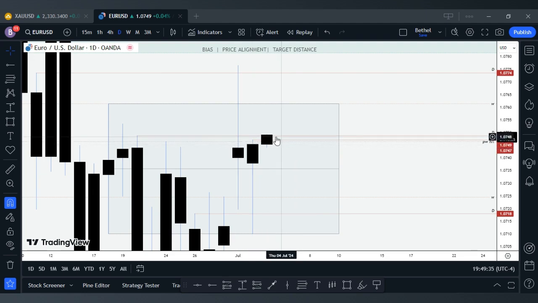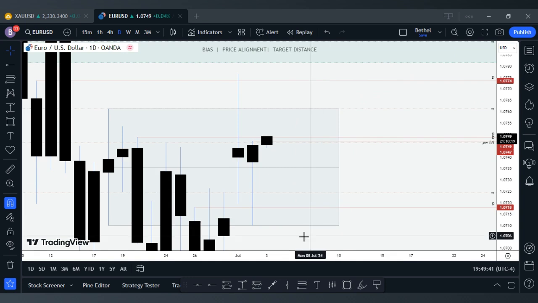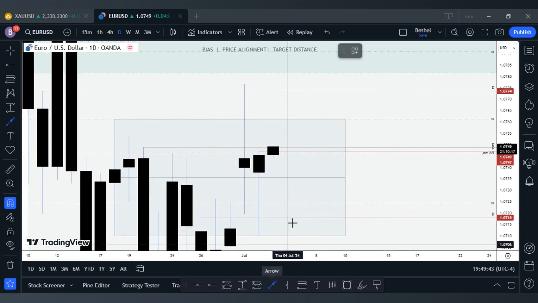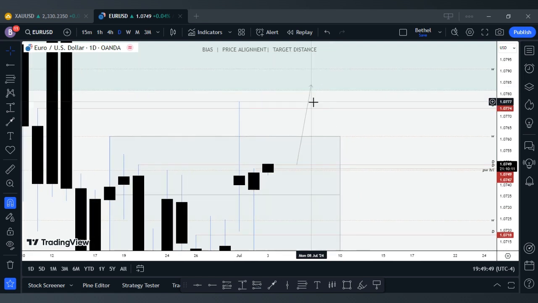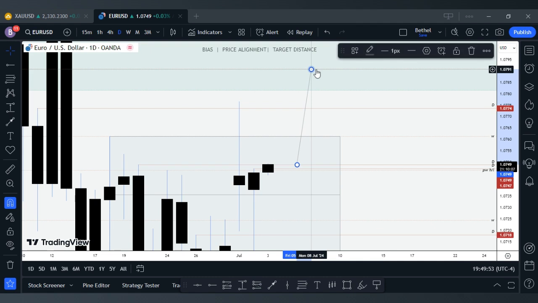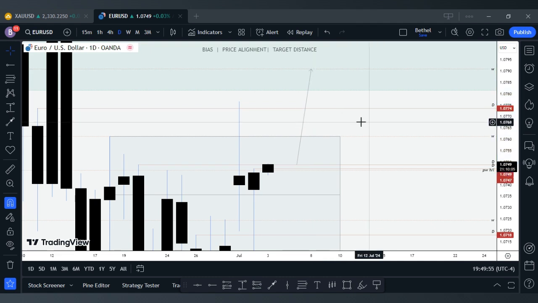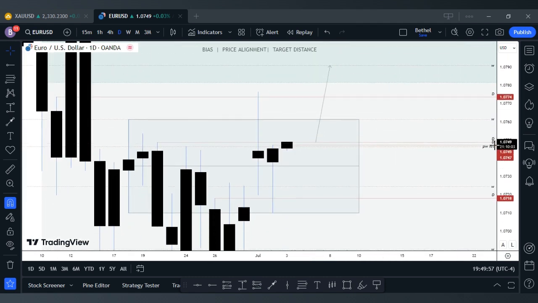If price can stay above these areas, then we are going to start scaling in for buys to take price into this fib area, and then the weekly, which comes in at 1.0791. So that's the weekly for EURUSD.